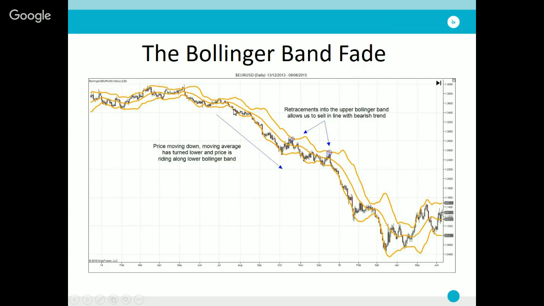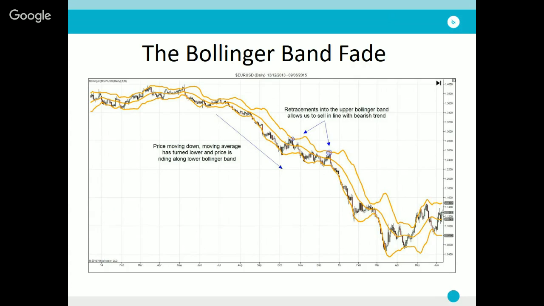But once we start to push, once we start to really trend, you can see the Bollinger Band fade method really goes out of the window, and that's where we want to wait for price to be retracing to the opposite side of the Bollinger Band to give us that entry, to give us that trend resumption entry. So a really great way to look to use Bollinger Bands, and a really great way to bridge that gap between range and trending markets.